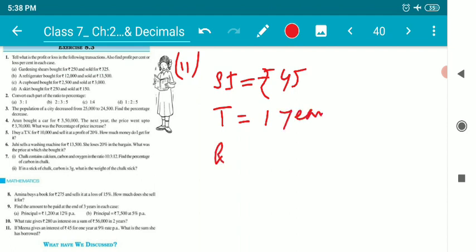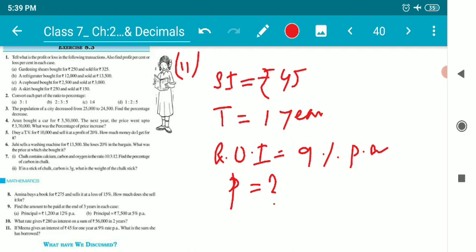Rate of interest is 9% per annum, meaning per year. What sum did she borrow? What is the principal? That is not given to us. We don't know the principal, which is to be calculated.